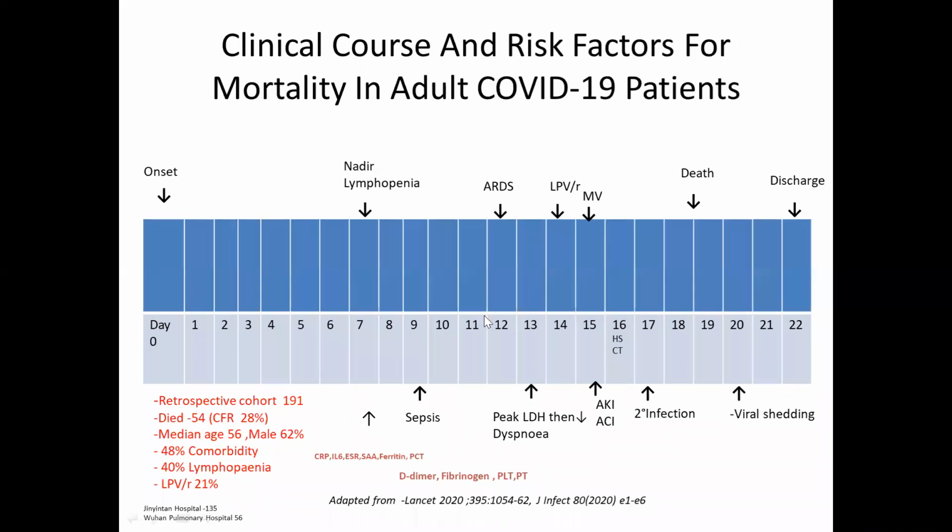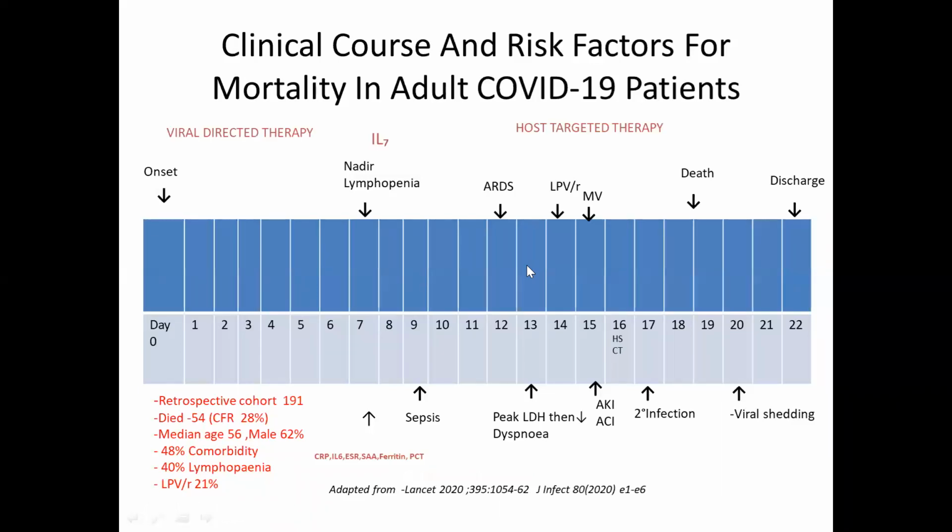And we know that the pathology of COVID is based on not only viral replication, but immunosuppression that follows this intense lymphopenia, and subsequently the inflammatory process that follows release of inflammatory mediators.